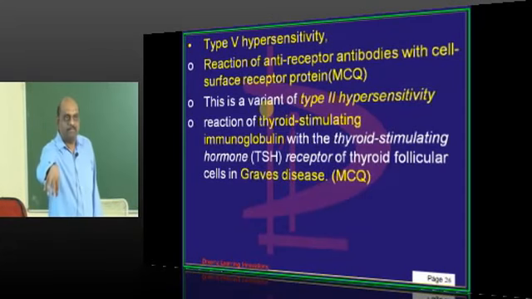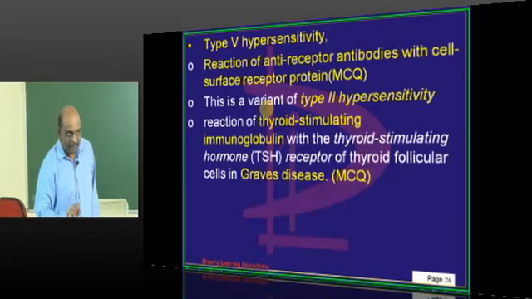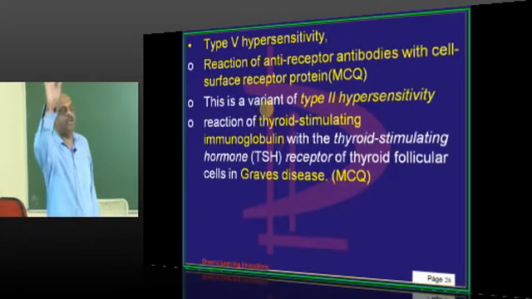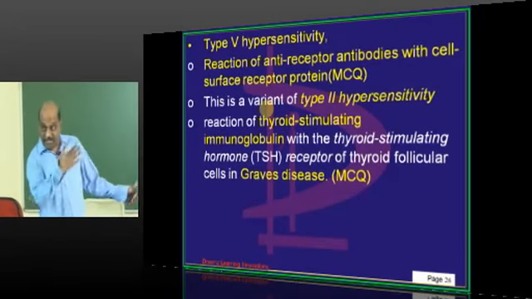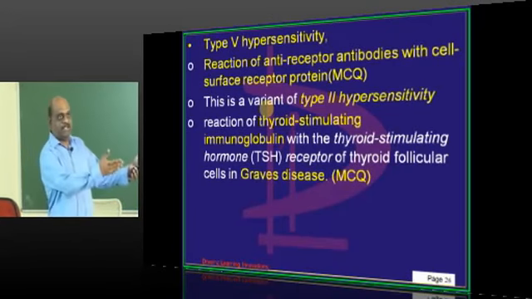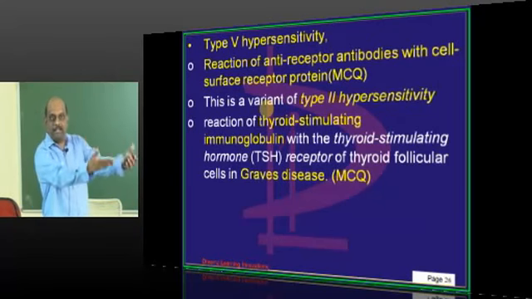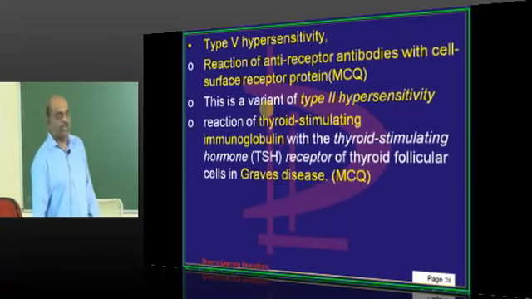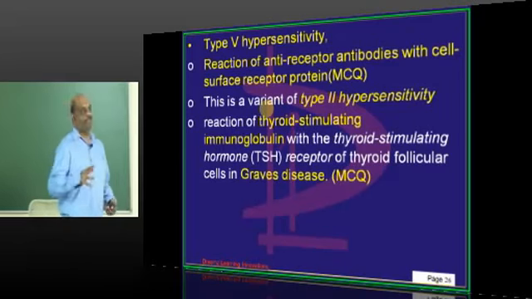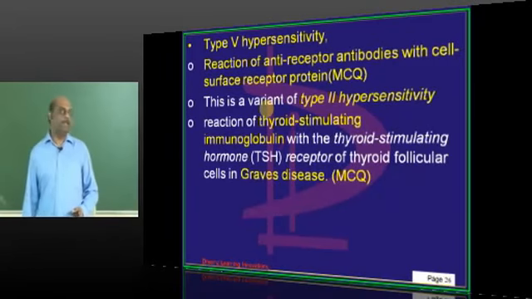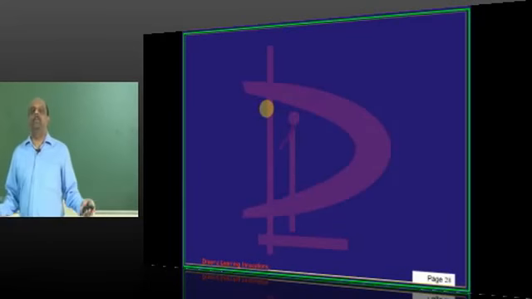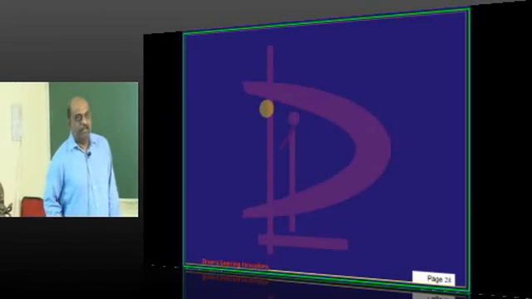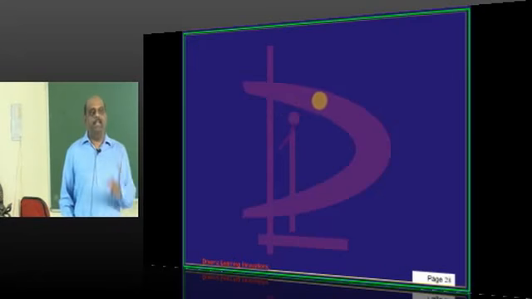But after binding, these antibodies stimulate the thyroid to produce excess thyroxine, just like TSH used to do. That is, TSH's enemy behaves like TSH. Right, doctor? So that is the type of reaction which is called type 5 hypersensitivity, is what needs to be remembered. So that's all the story, doctor, about what we call hypersensitivity reactions.